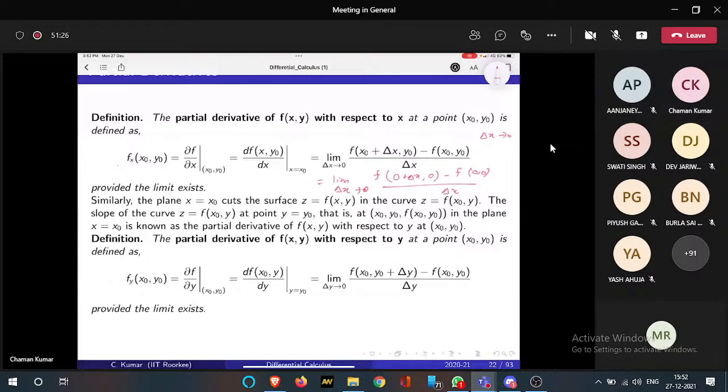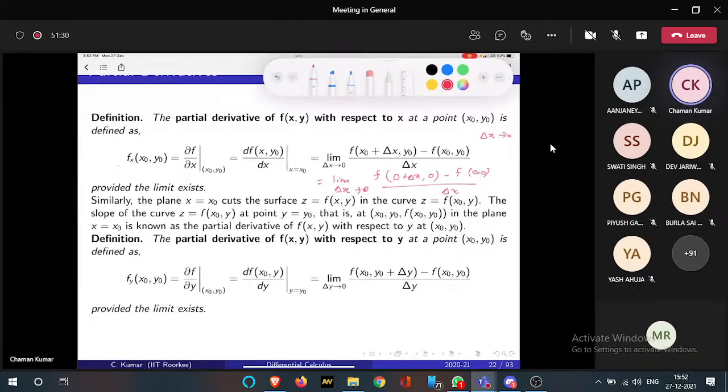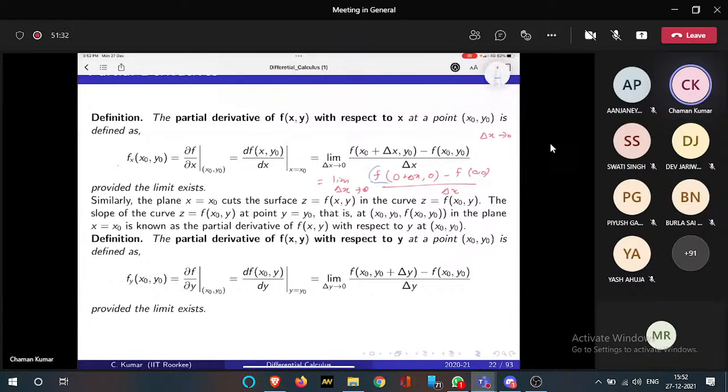So identify the value of the function in the given example at the point (delta x, 0). What is that value in this example? Okay, sir, we'll put delta x. Okay, so that value is this one.